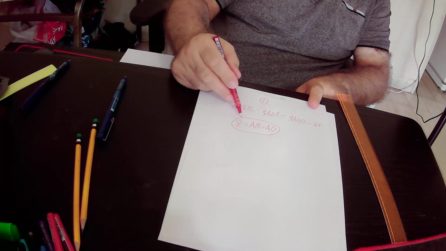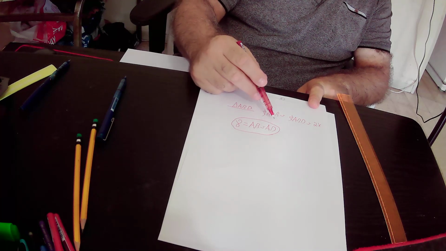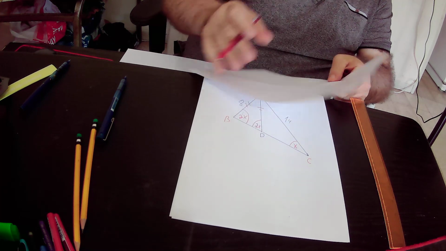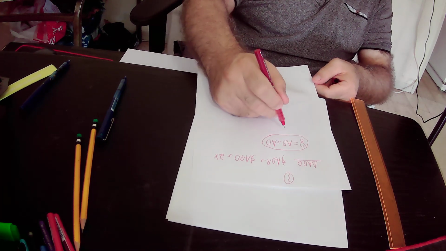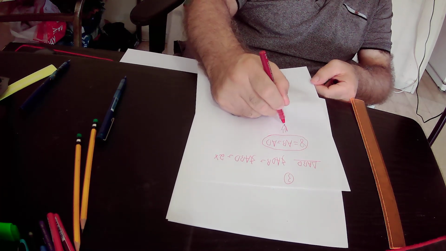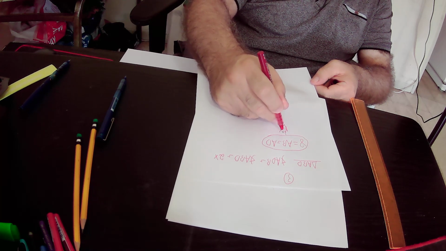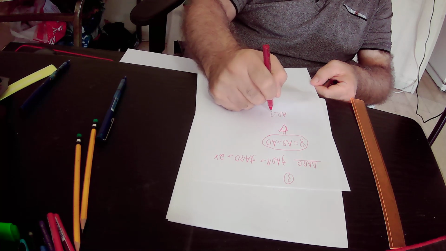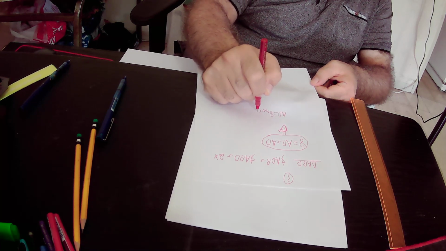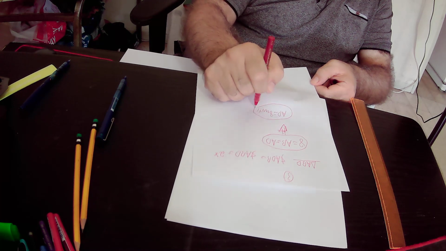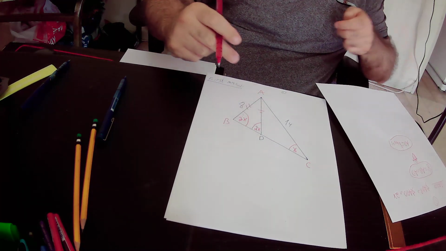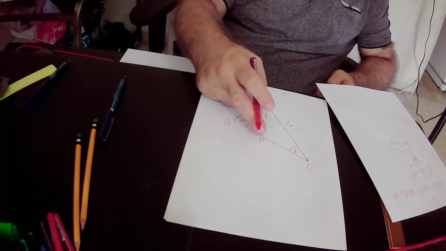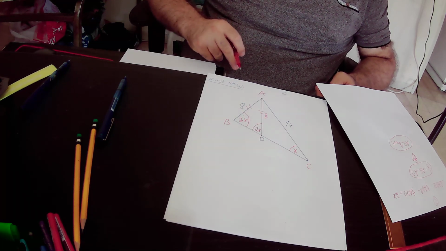So from this equality we can deduce that AD also equals 8 units. Okay, so AD equals 8 units, according to rule number 1.